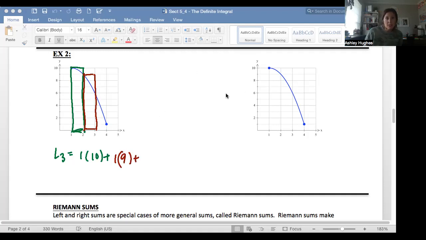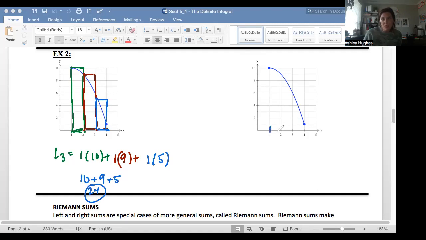And then my last rectangle would be a width of 1 and a height of 5. And so 10 plus 9 plus 5, so that's 14, and 10 is 24. And now since this one is decreasing, the left-hand one is over.